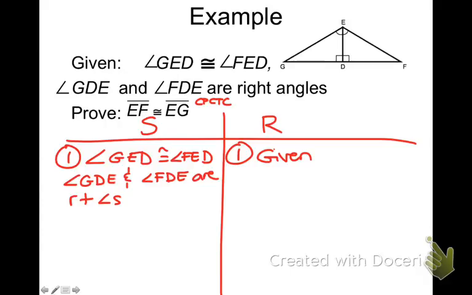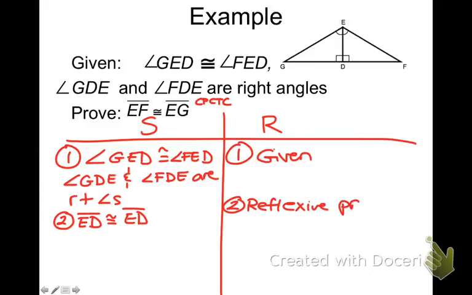All right, so now we're going to prove like we normally do. Reflexive property, vertical angles, what do we have? Reflexive property. So ED is congruent to ED. Reflexive. Okay, so I'm going to put a little tick mark up there on ED.